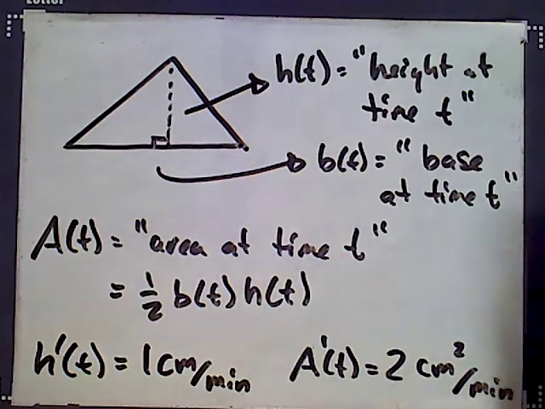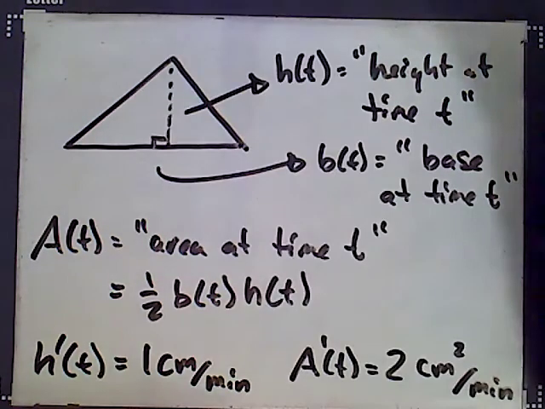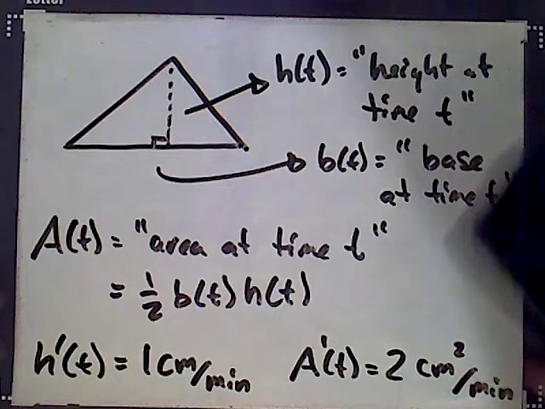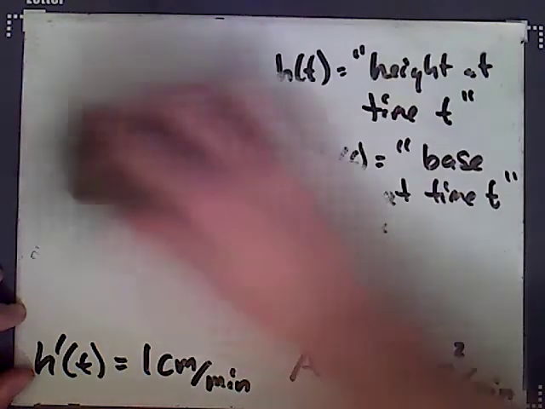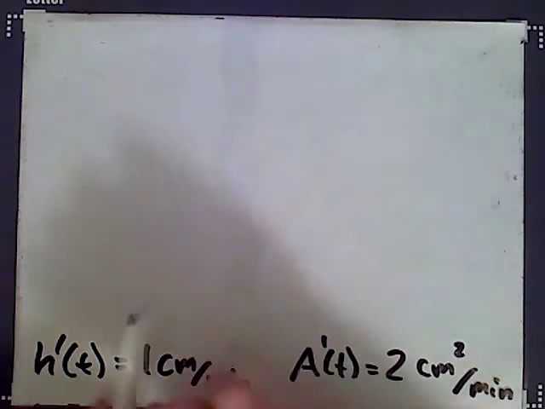With the area function defined like this, we're asked for the rate of change of the base of the triangle. So the first thing to do is to take the derivative of the area. Let me erase what we have here. I'm going to keep the rates down at the bottom for reference.